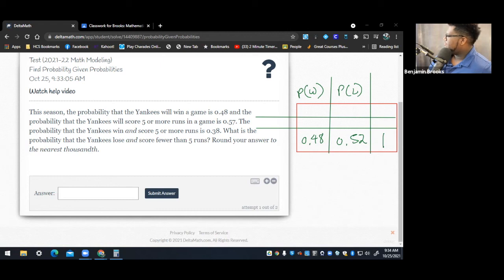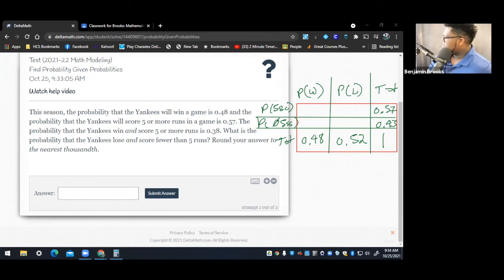Probability they'll score 5 or more runs is 0.57. So that means the probability that they won't score 5 runs is going to be 0.43. Totals.